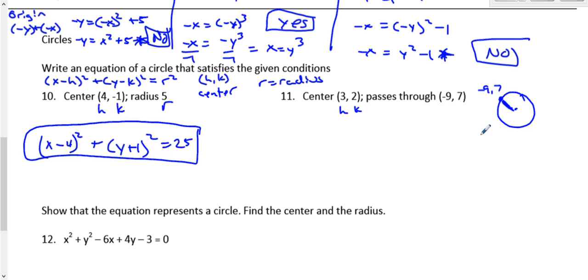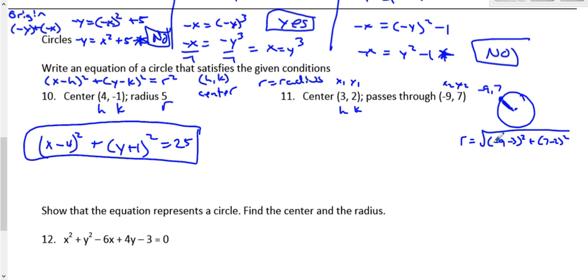So for our work on the distance formula, I'm going to label these x1, y1, and x2, y2. I'm going to find the distance by doing x2 minus x1, so negative 9 minus 3 squared, and y2 minus y1, so 7 minus 2 squared.